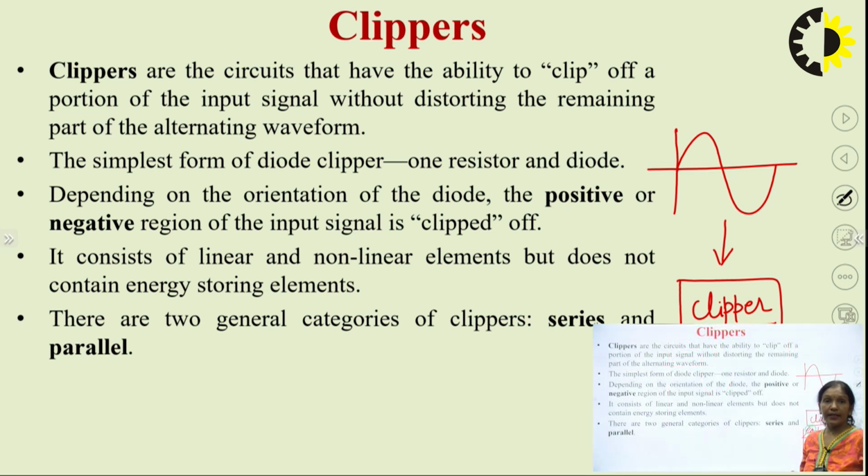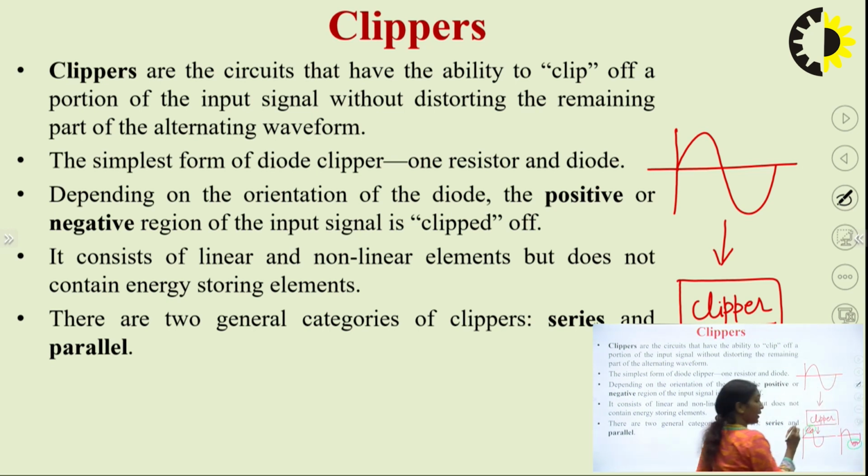So, there are basically two types of clipper circuits, that is biased clipper and unbiased clipper. Then we further divide these biased and unbiased clippers into positive clipper or negative clipper, depending upon whether you remove the positive portion or the negative portion of the input signal. Generally, we categorize the clippers into two main categories: the series clipper and the parallel clipper.